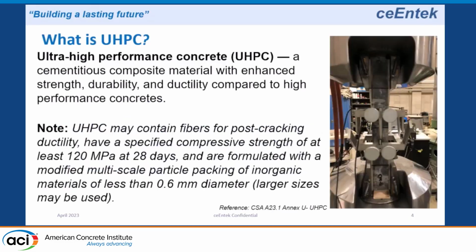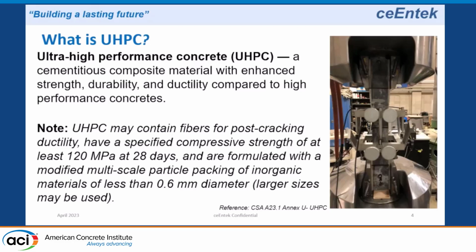Okay, so what is UHPC? It's a cementitious composite material with enhanced strength, durability, and ductility compared to the performance of high-performance concrete, for example. It normally contains steel fibers at the micro level, and has a minimum compressive strength of 17,000 psi at 28 days.